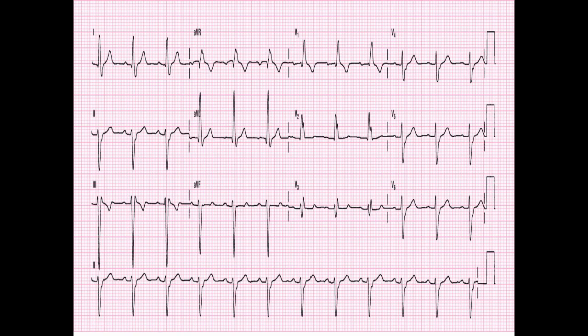Well, that's left. Let's look at lead 2. Lead 2 is down, so we have pathologic left axis deviation. So if I have pathologic left axis deviation, I automatically have what? I have a left anterior fascicular block, a left anterior hemiblock.